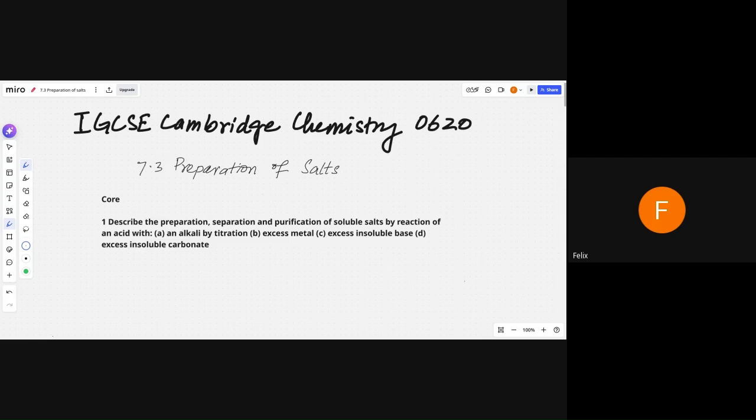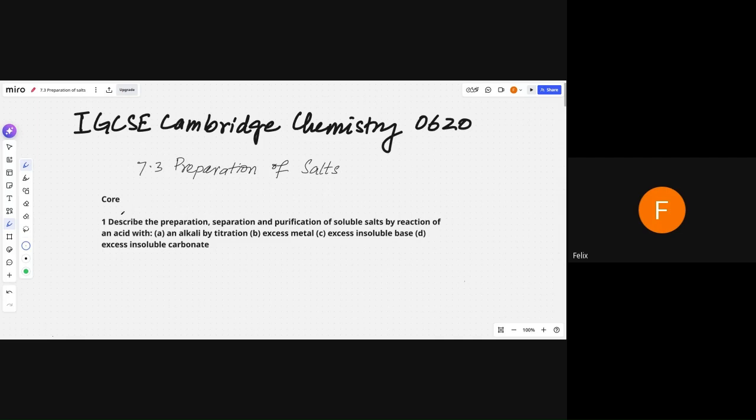This is where I find huge knowledge gaps. I will try my best to explain it as much as possible. In the upcoming lesson, we will cover past paper questions specifically based on this topic, preparation of salts, right? The first topic is for both the core and supplement students.